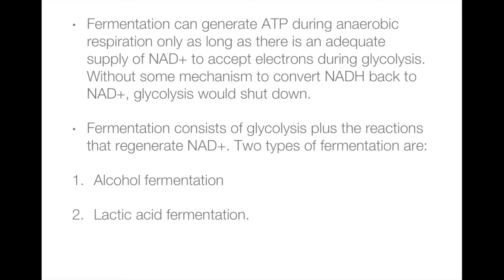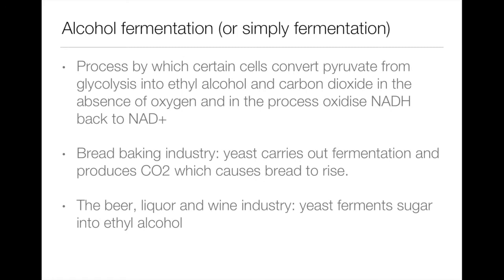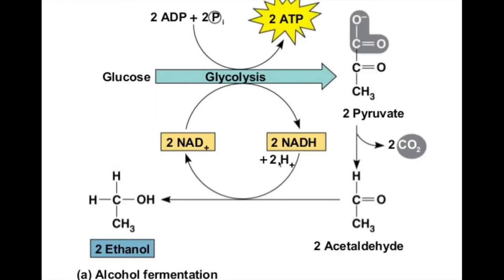And we've got two types of fermentation, alcohol and lactic acid fermentation. Let's start with alcohol fermentation. Alcohol fermentation is the process by which certain cells convert pyruvate, the end product of glycolysis, into ethyl alcohol, acetaldehyde, and carbon dioxide, in the absence of oxygen.